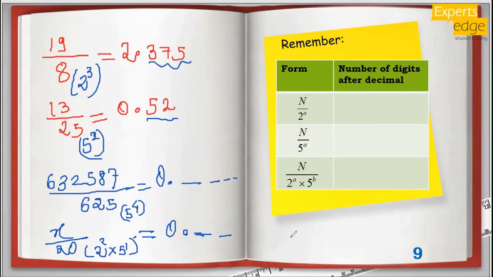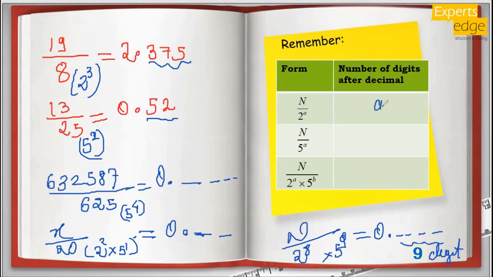If I say some number divided by 2 to the power a, the number of digits after the decimal will be a. Similarly, divided by 5 to the power b, this will also have b digits. And if both are there, whichever is greater among a and b, that many digits will be there.